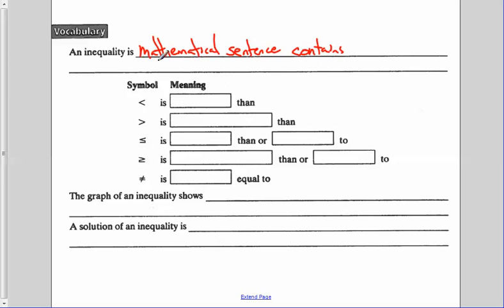the following symbols. We have a symbol that looks like this, which means that it is less than. We have our greater than. Then we have the ones that have that little horizontal line below it. And so we have our less than or equal to.